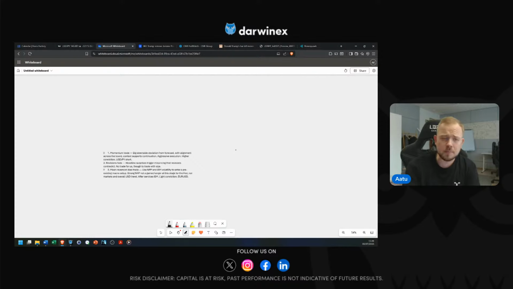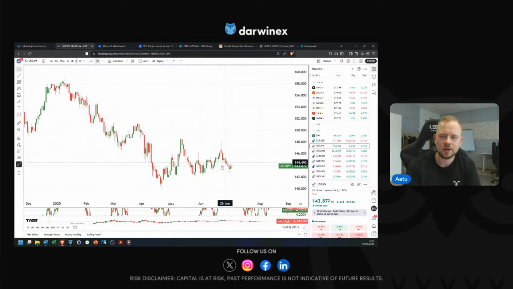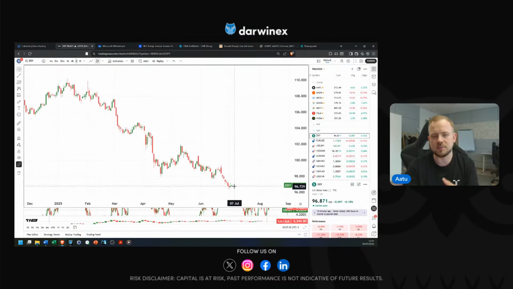And then we have a mean reversion bias trade, use NFP and ISM volatility to enter a pre-existing macro setup. Strong NFP is not a game changer at this stage, so you might use it as liquidity to get into the USD short. If you look at Dixie, for example, we wouldn't fade a strong NFP instantly.